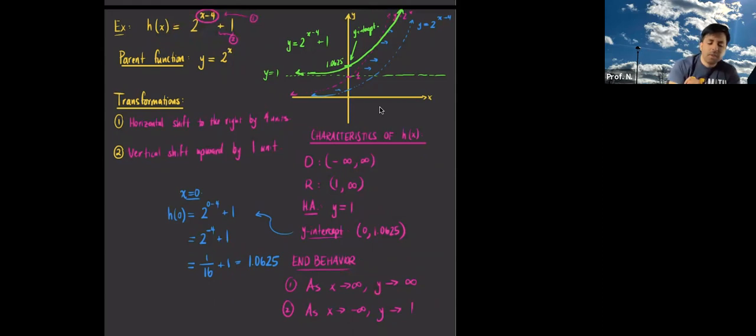If I just gave you this function without talking about parent functions or transformations, you'd look at me and say, I don't know what this is. But because I gave you the foundation with transformations in general, and then the parent functions of exponential functions, you're now able, based upon the parent function and transformation, to come up with the new sketch of the curve. And based upon that, you're able to give me all the information that I need about this function. That's the skill set we're trying to build.